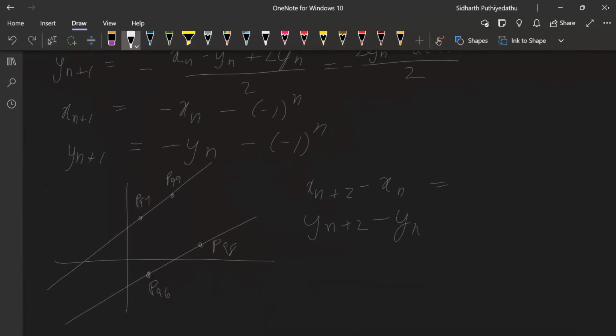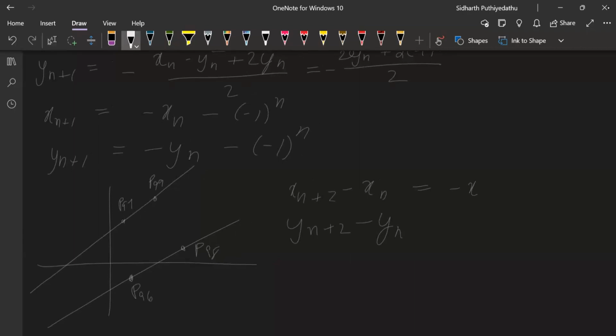So this first one is just xn+2 minus xn. We write what xn+2 is in terms of xn+1. It's just minus xn+1 minus negative 1 to the n+1, minus xn.